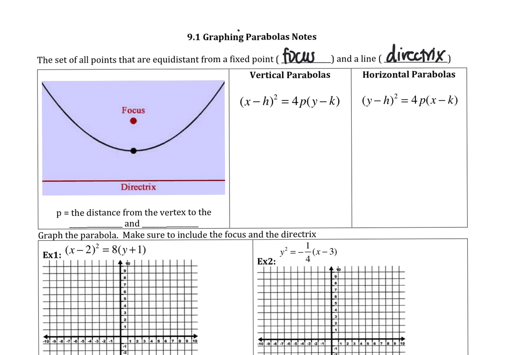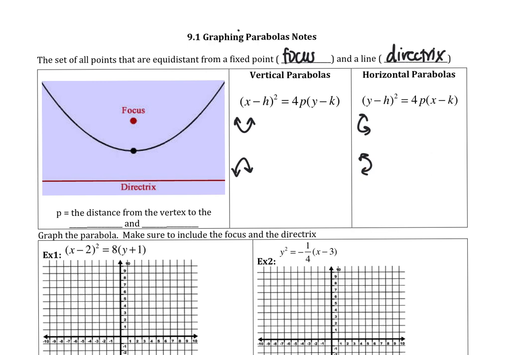All right, so as you can see over here, we can have parabolas that open vertically, meaning up and down, or horizontally, meaning right and left. And we're going to talk about what helps us determine whether it opens up or down, right or left in a second.